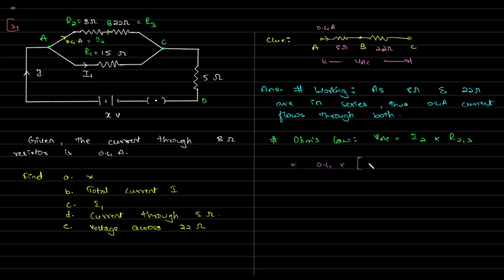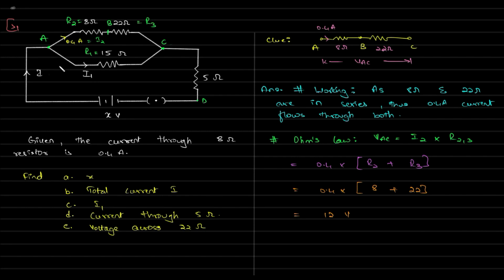We know R2, R3, that is R2 plus R3. So this is 0.4 into 8 plus 22. So this is 30, that is 12 volt. Okay, the effective resistance is 30 across AC. I mean, not exactly AC, but this length. And the current we know, we found the voltage.